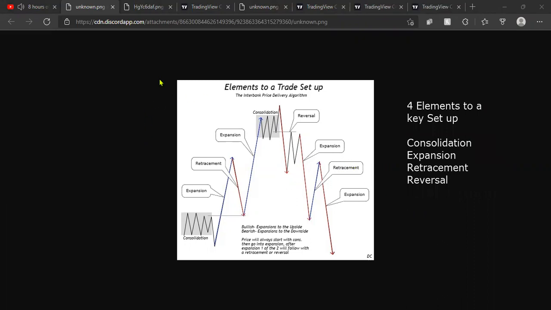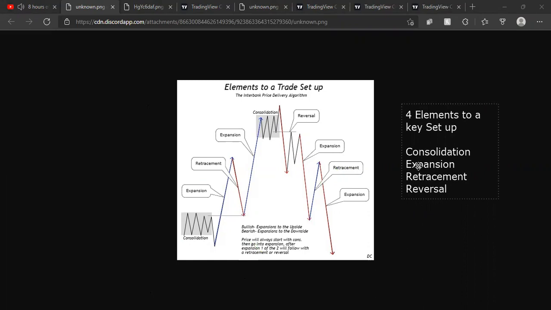When you think of elements to a trade setup, what's the main thing that you want to see in your trade, to get an overall bias and an overall analysis of what you're looking at?